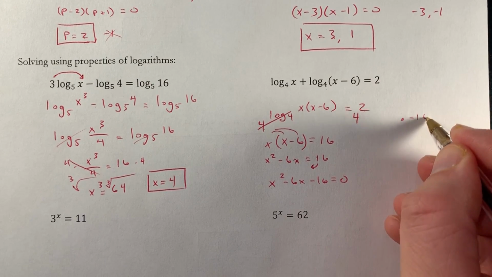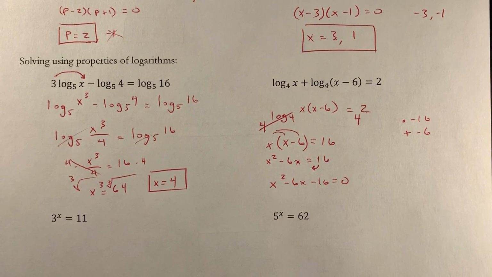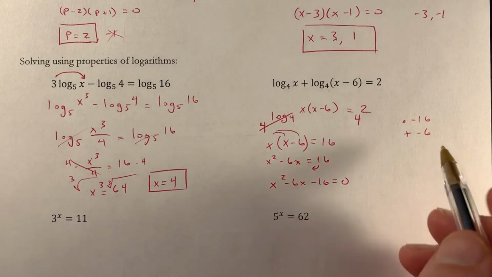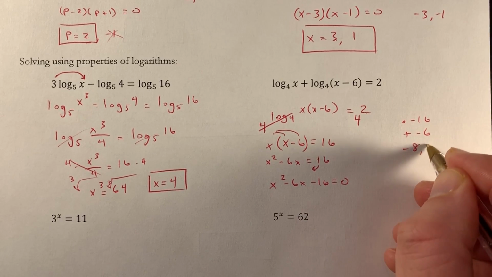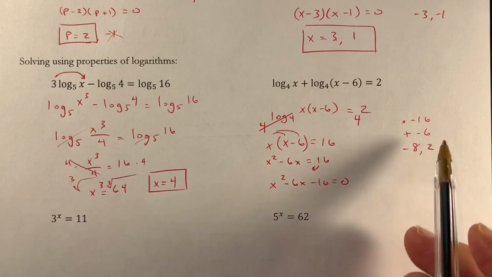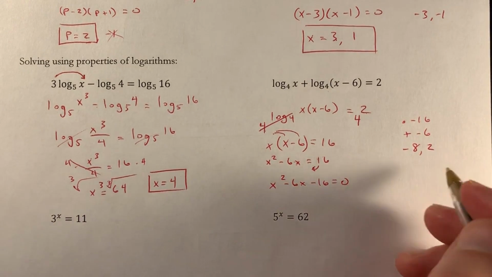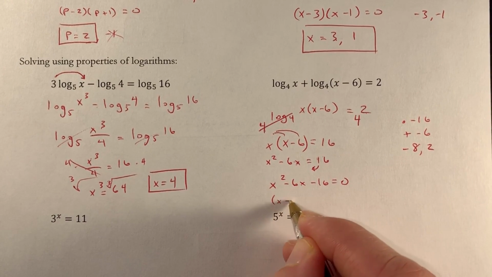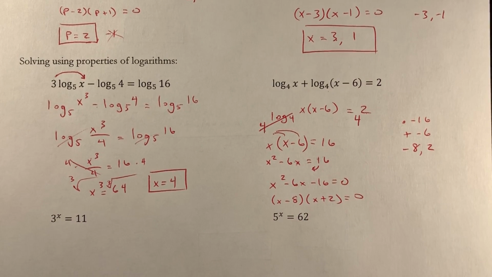Multiply to negative 16, add to negative 6. So we need two numbers that multiply to negative 16 and add to negative 6. I believe those numbers will be negative 8 and positive 2. Negative 8 times 2 is negative 16. Negative 8 plus 2 is negative 6. So my factored form is x minus 8 times x plus 2 equals 0.